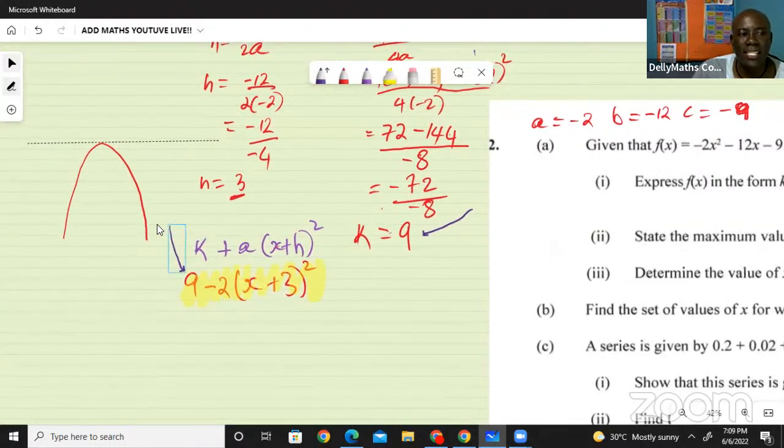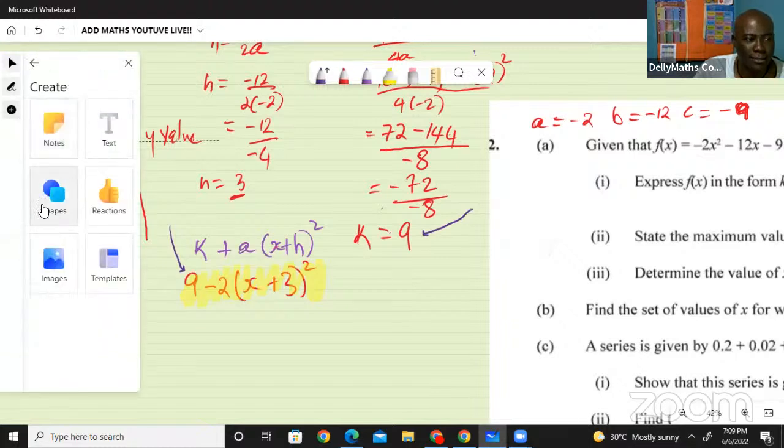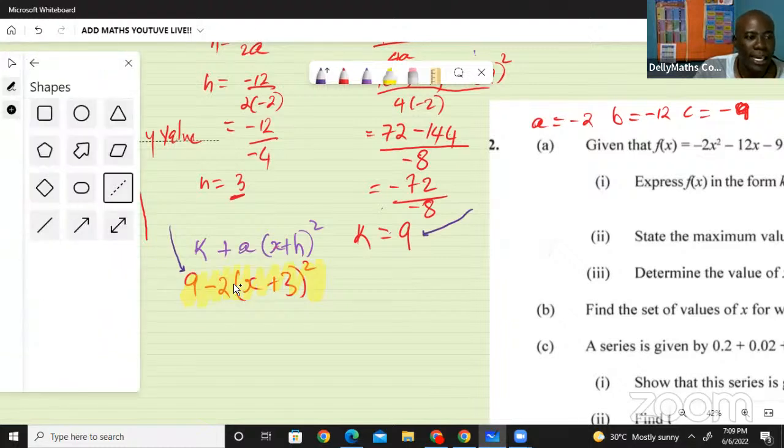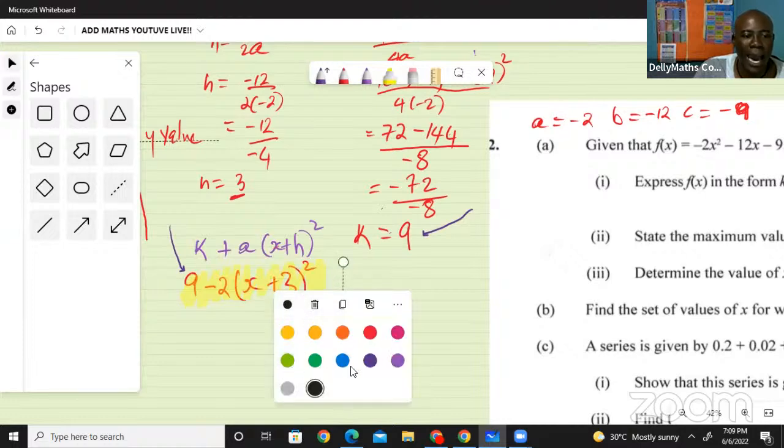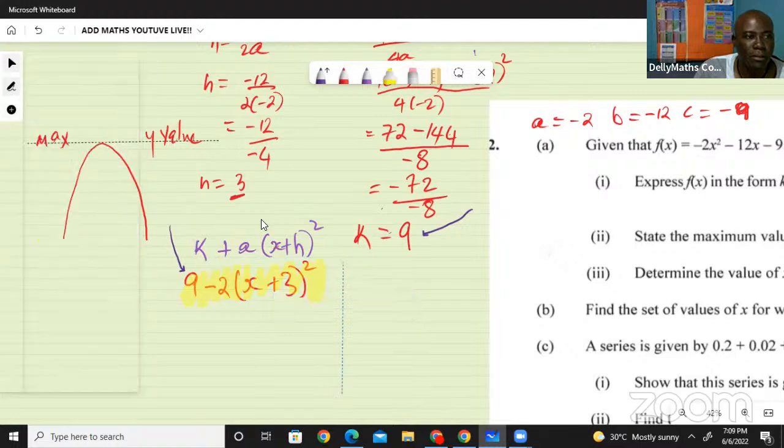This is my max, and it is a y value, right? The max is a y value. The only x value that is at the max is our axis of symmetry, right?